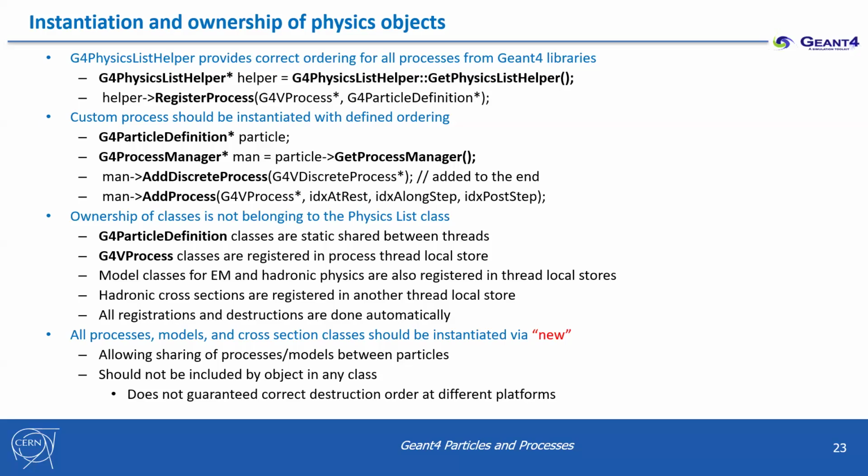And we have a physics list helper, which provides the correct order of physics processes. We have this basic call, RegisterProcess, where we take a physics process and particle definition, and we include this in the correct place where we may register the next interaction with the next process.